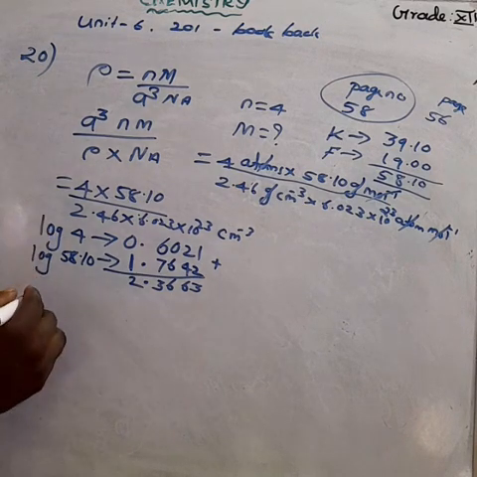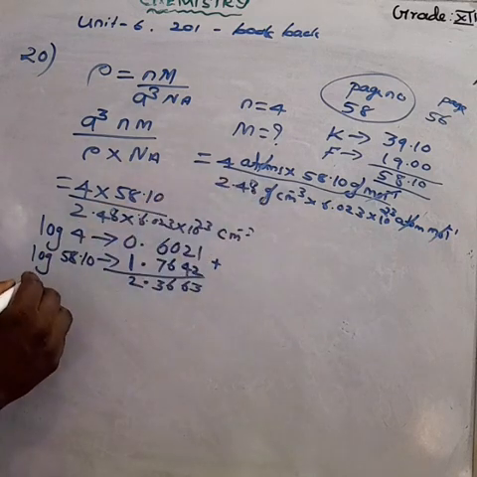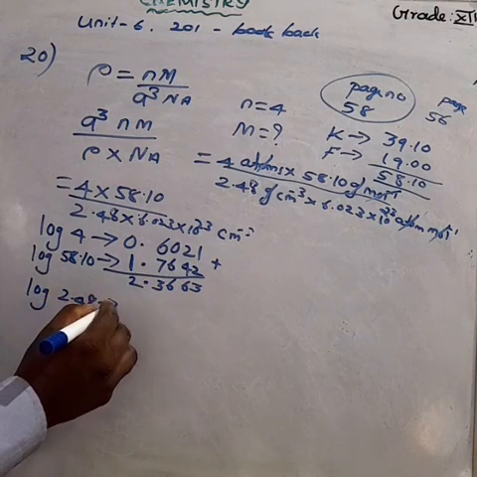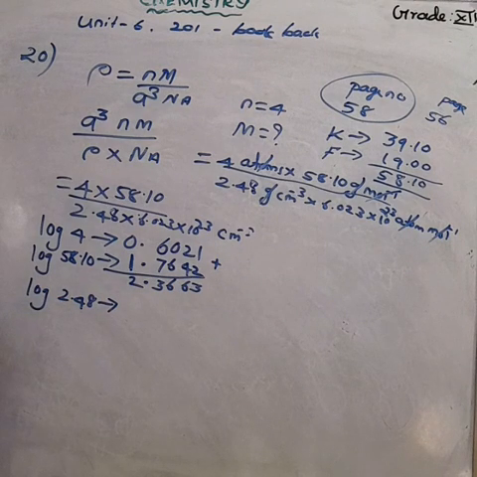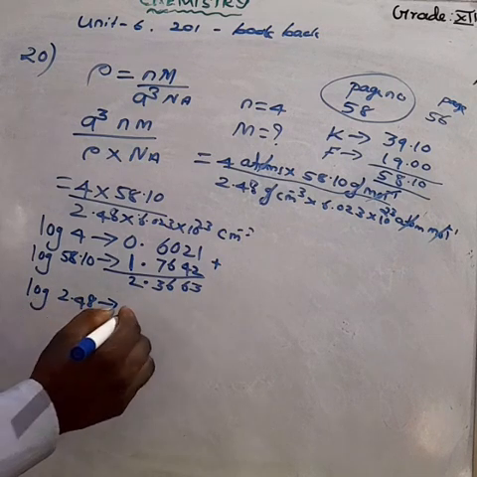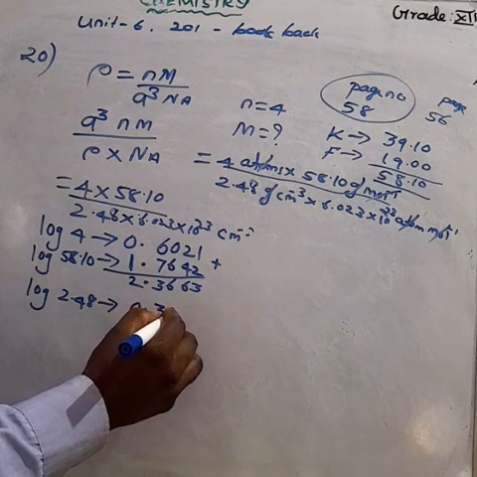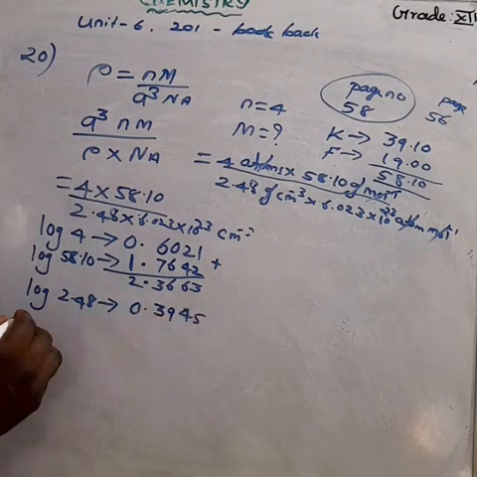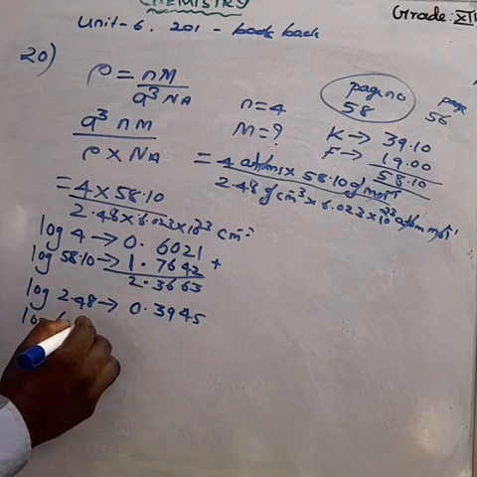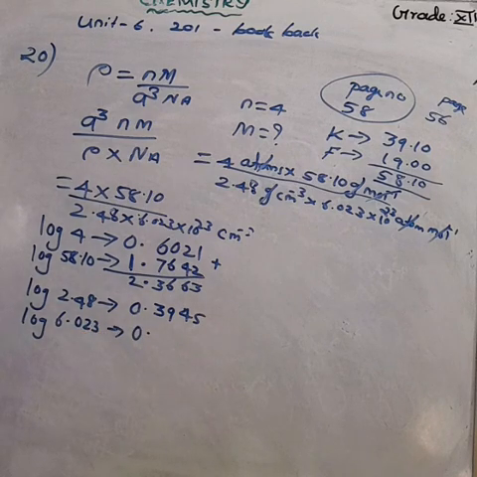Log of 2.48. We have to find the log of 24 plus 8. The character is 0.3945. Next, log of 6.023. Here also a single digit, so the characteristic is 0.